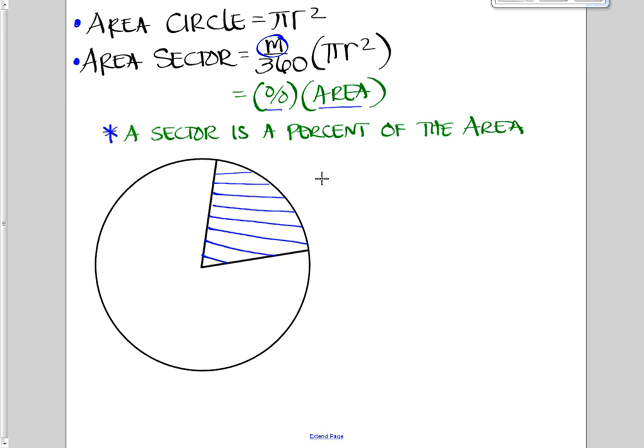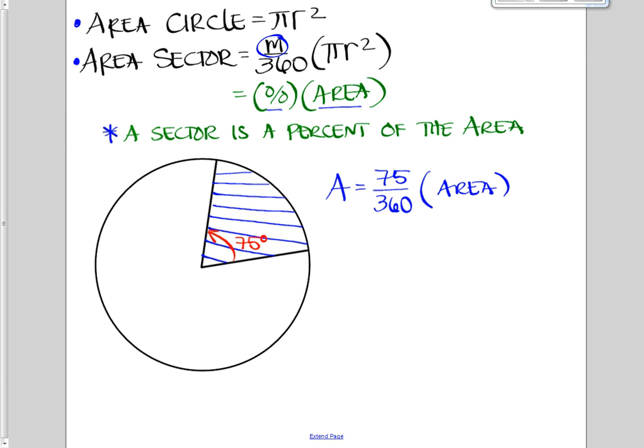If I were to take a look at this problem, and let's say we had some angle in here, we knew that this was 75 degrees. If I wanted to find the area of the sector, the area is going to be 75 over 360 times the area of the circle, which we don't know yet, but that's okay.